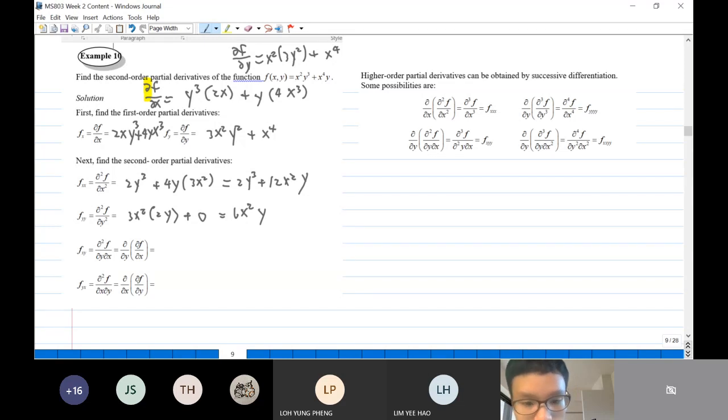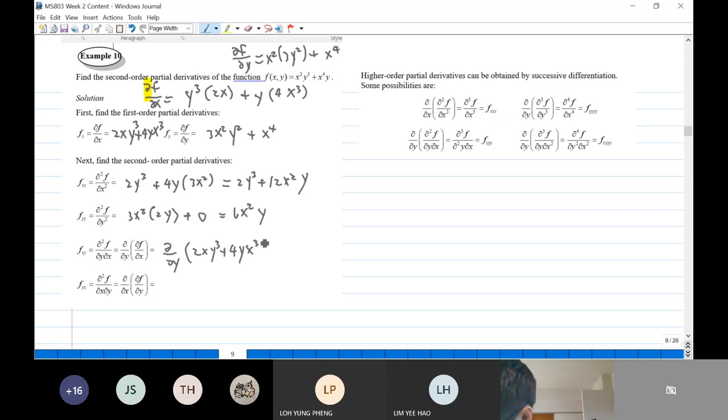Now how about differentiating with respect to x first, then y? So let's see what we get. With x first you get 2xy cubed plus 4y x cubed.